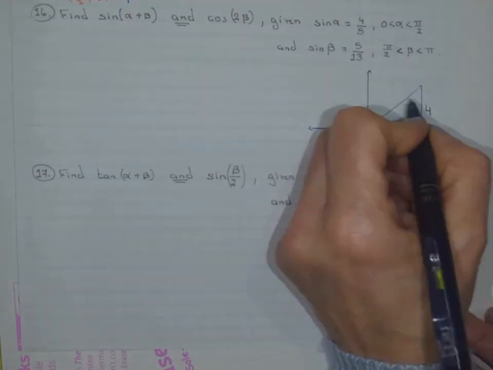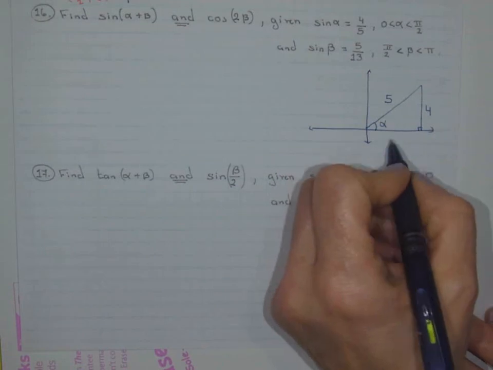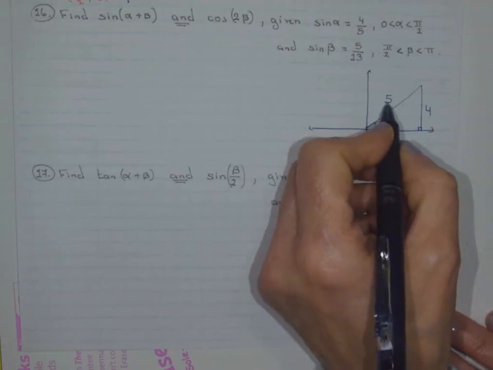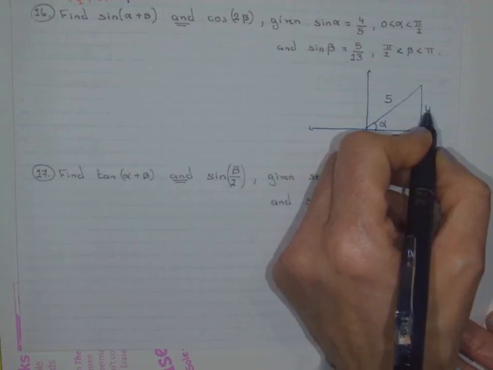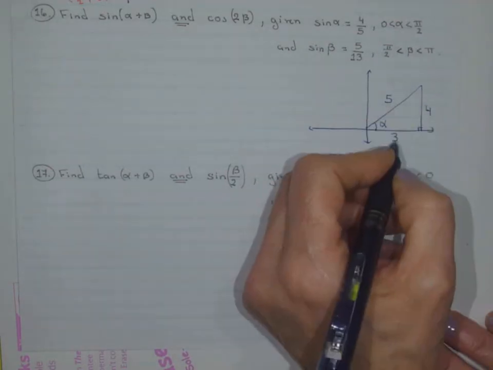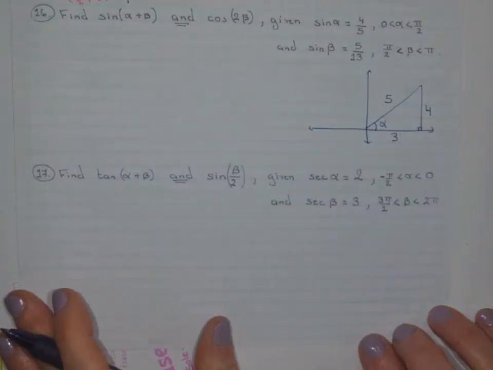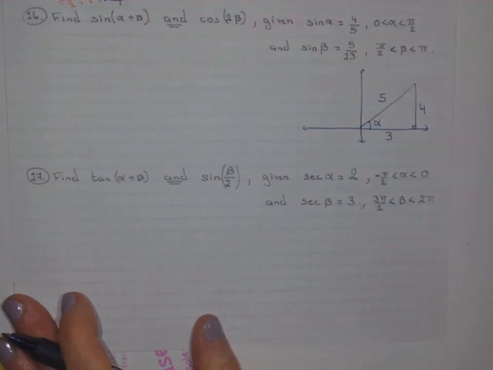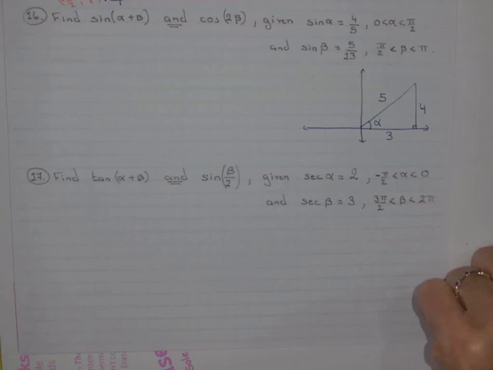So 4 over 5. And then you do your Pythagorean theorem, right? So it's going to be 5 squared minus 4 squared, and then you take the square root of that, and that will give you 3. By now you should recognize 3, 4, 5 as a Pythagorean triple, right? We've done those enough. Let's see if I can make that a little clearer. Maybe. Okay, then we are going to look at the next angle.